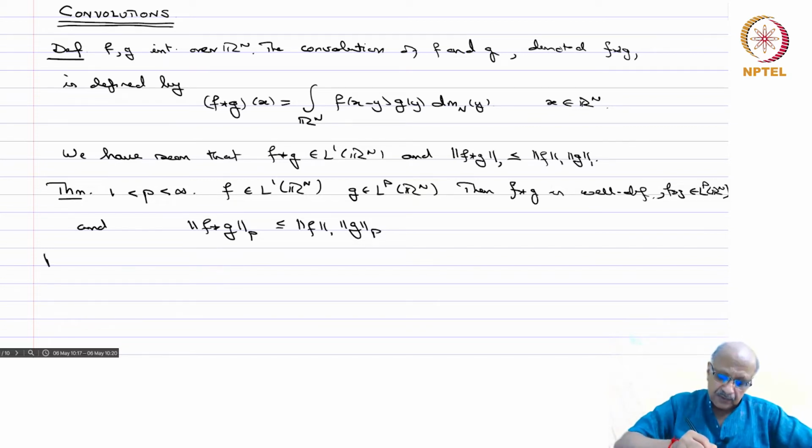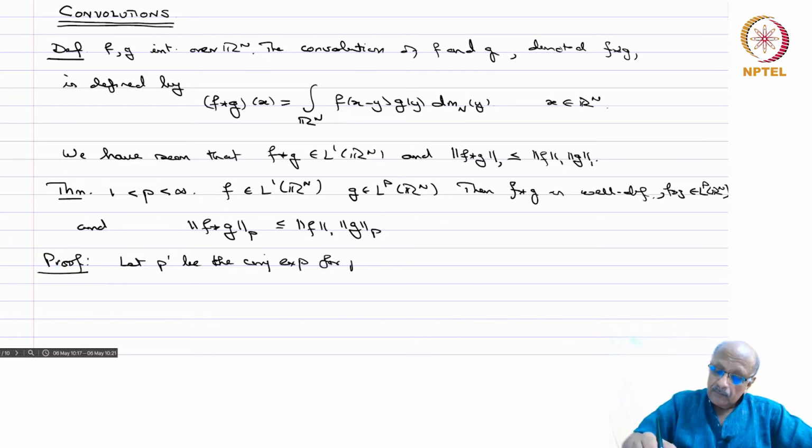Proof: we are going to use the duality method. Let p dash be the conjugate exponent for p, and let h belong to Lp dash of Rn.